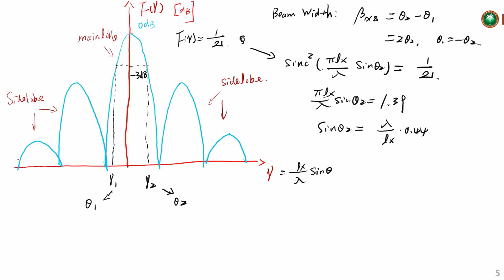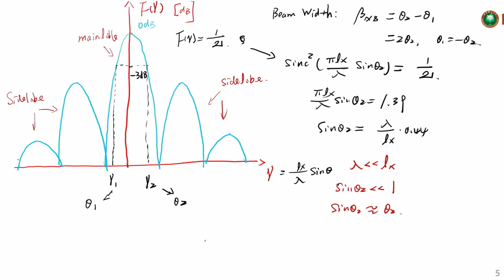So usually, as we mentioned previously, for a large aperture antenna the dimension should be several wavelengths. That means lambda is much smaller than Lx. So when lambda is much smaller than Lx, sin theta 2 is much smaller than 1, alright? So sin theta 2 roughly equals theta 2.